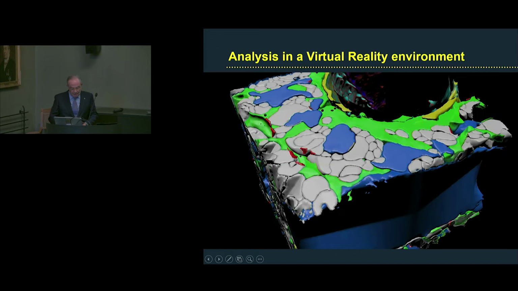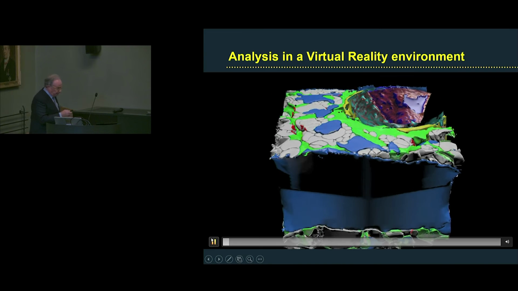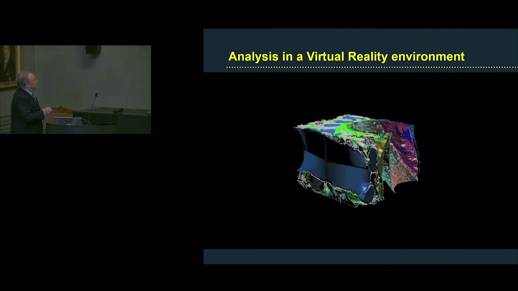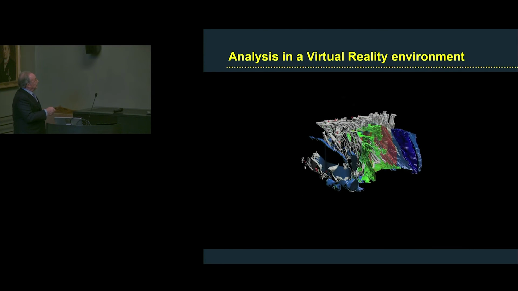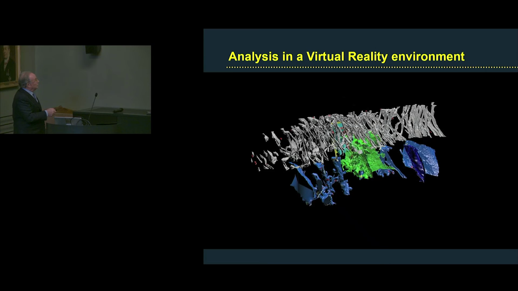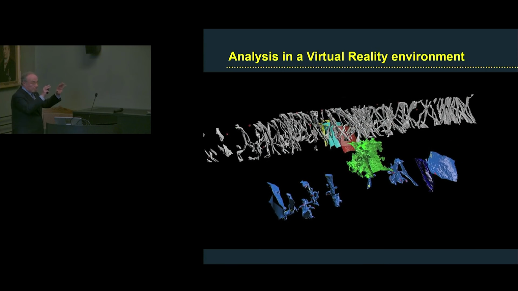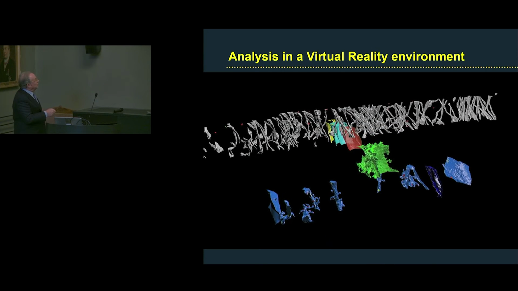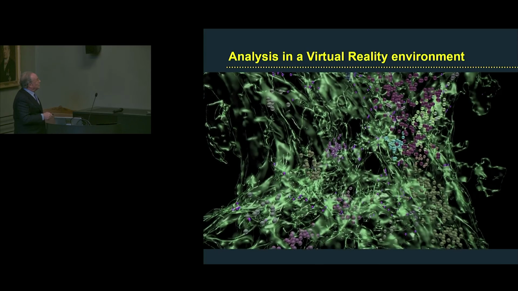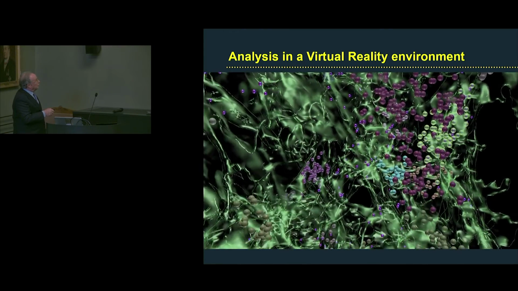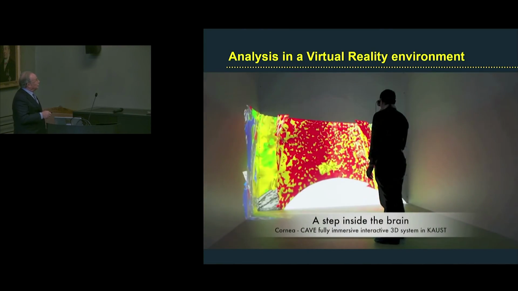That helped us to understand better the relationships. Here it's simply the elements. You can see in green, by the way, the astrocytes, to see how pervasive their processes are, the axons, the dendrites. And these are glycogen granules that you can identify in each astrocytic profile.